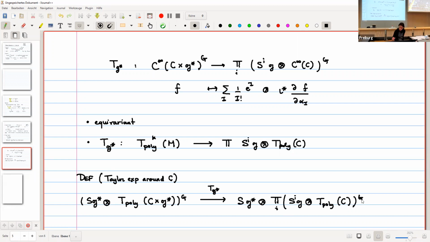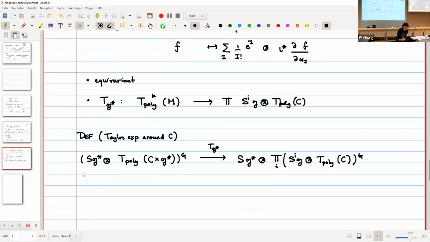So this is what I call the Taylor expansion, T G. And you see, if you look from the vector space point of view, this is just a Taylor expansion. So you're not surprised if I tell you that this inherits the DGLA structure.